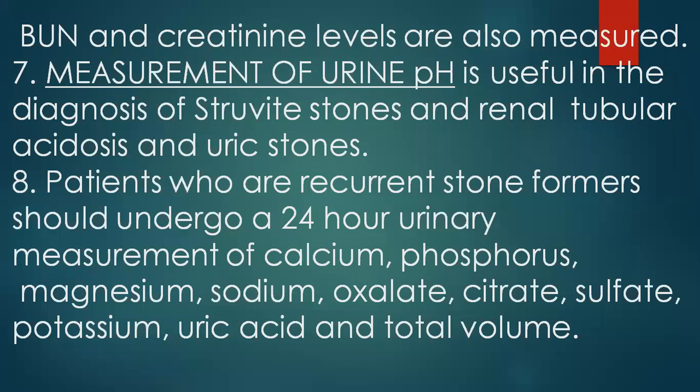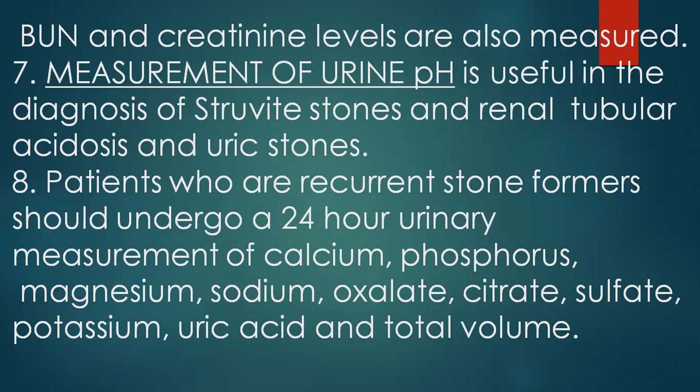Analysis of stones is important in the diagnosis of underlying problem contributing to stone formation. Then sixth one is the patient's serum calcium, phosphorus, sodium, potassium, bicarbonate, uric acid, then blood urea nitrogen, and creatinine levels are also measured.